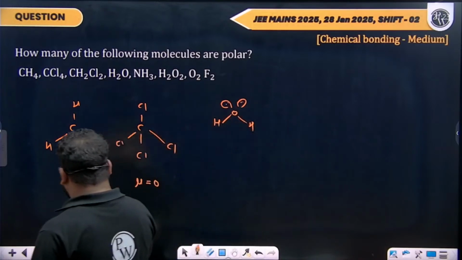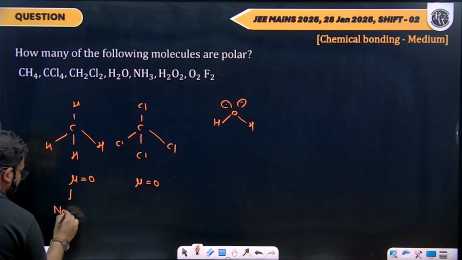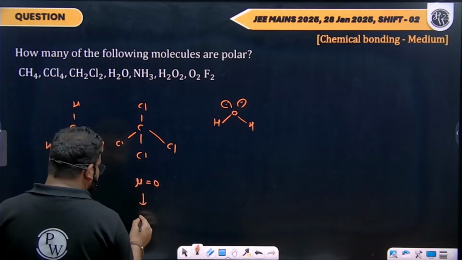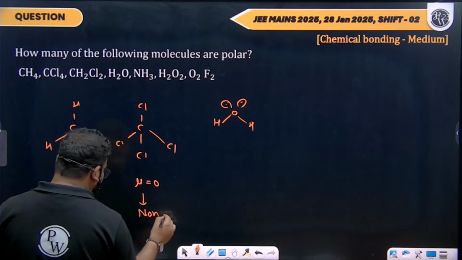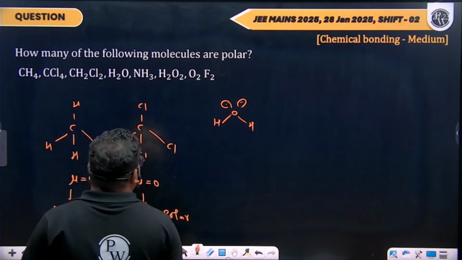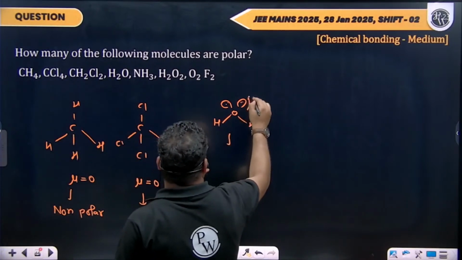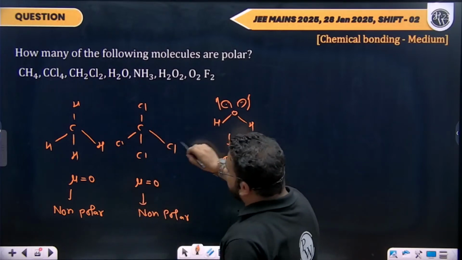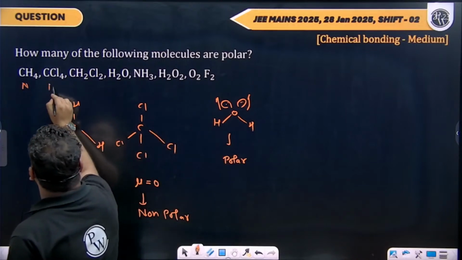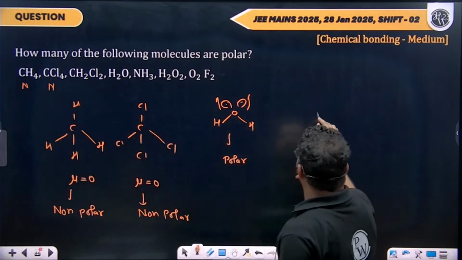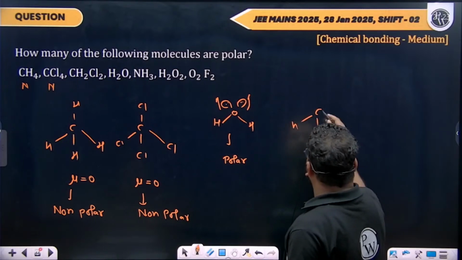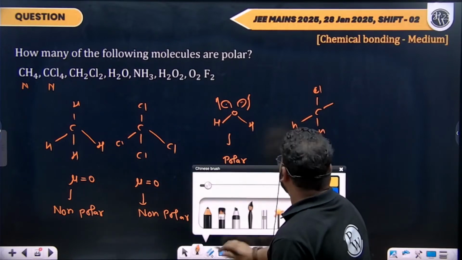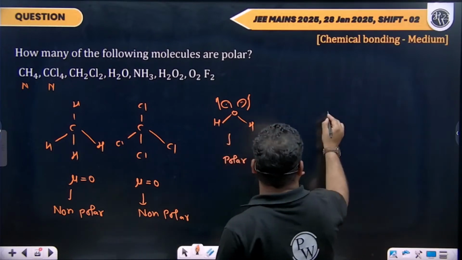One of the molecules also has dipole moment 0, so it is non-polar. Another has a dipole moment, so it is a polar compound. And CH2Cl2 is not perfect tetrahedral, so it has some dipole moment.